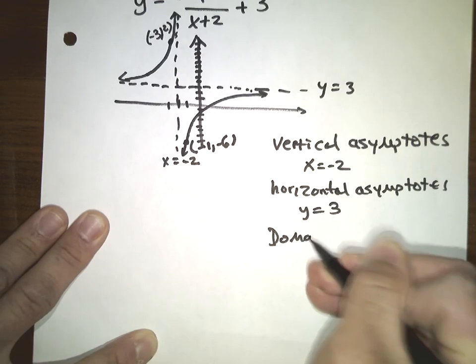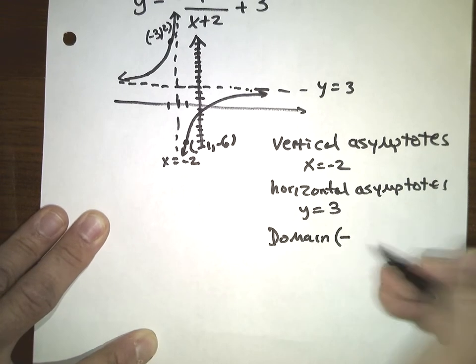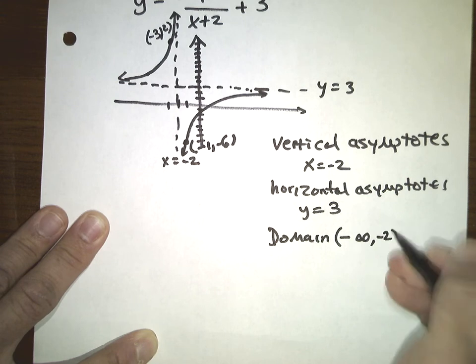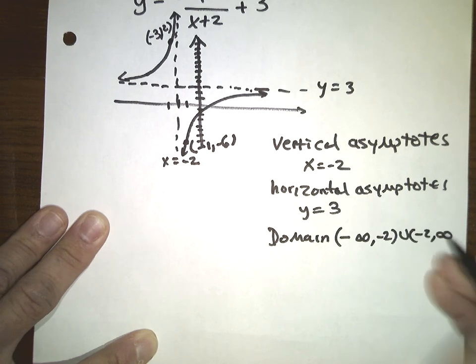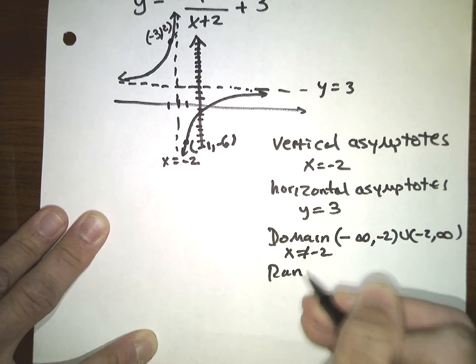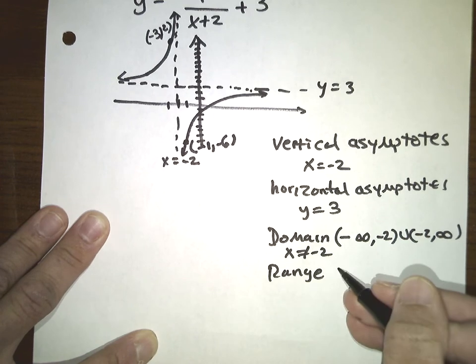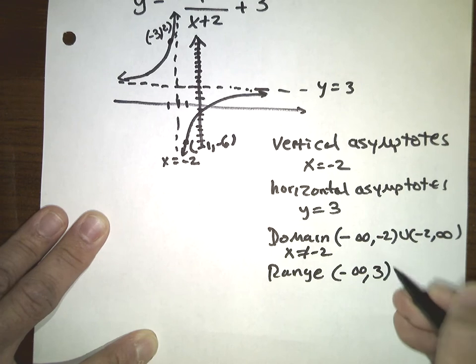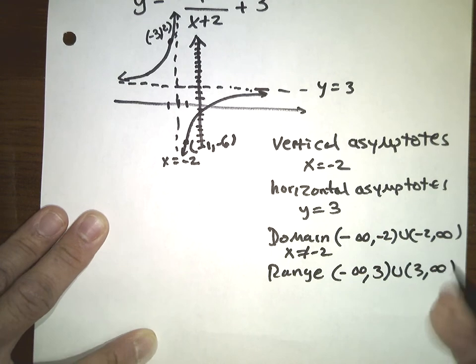The domain is going to be -infinity to -2 and -2 to infinity. So x cannot equal -2. And the range is going to be -infinity to 3 and 3 to infinity.